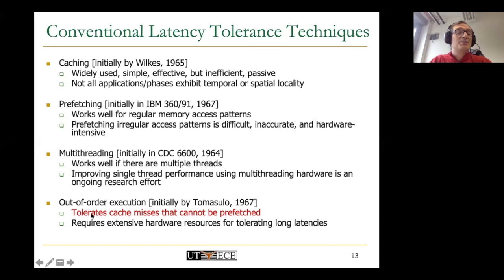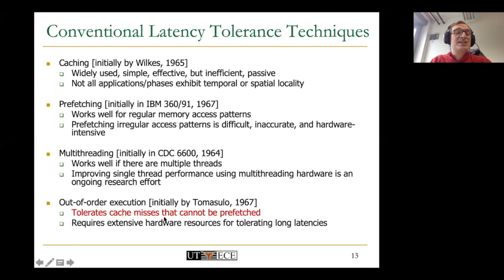So out-of-order execution is a completely different latency tolerance technique. It basically looks ahead and speculatively executes instructions out of program order, but it finishes them in program order, clearly. And as a result, it can tolerate latency if there are not that many dependencies in the program, if you can actually get to independent instructions to execute in the presence of dependence chains.